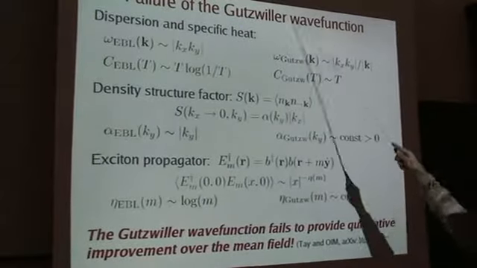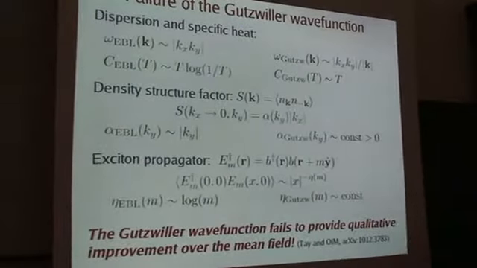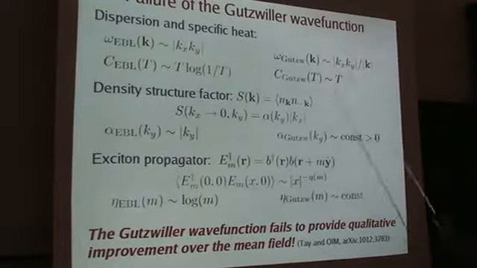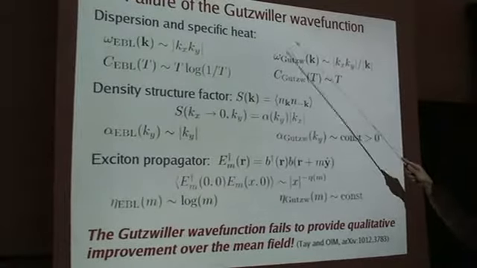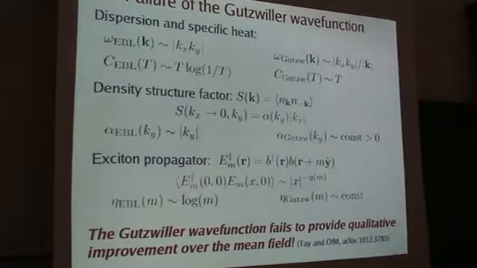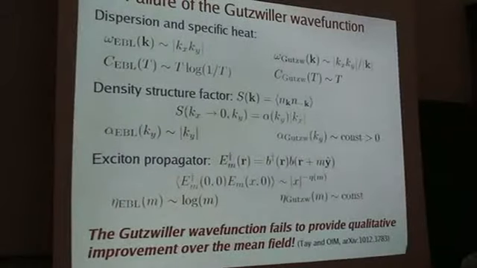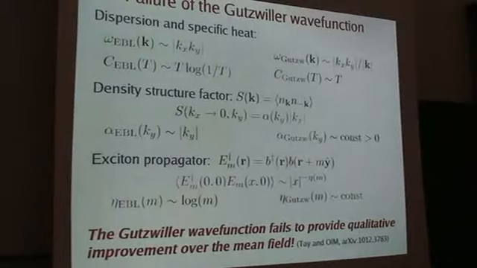And one can demonstrate this failure of the Gutzwiller wave function to capture correctly the long wavelength properties of this phase very directly by working with the wave function. Let me just say the punchline: in this particular example, all long wavelength properties which you calculate with the Gutzwiller wave function are the same as in the mean field.